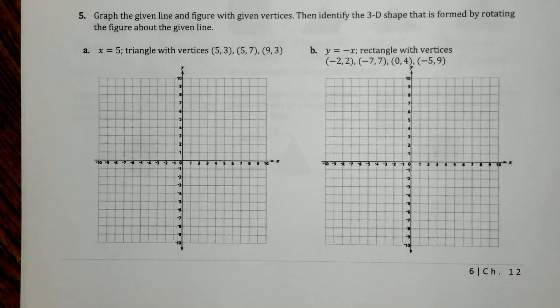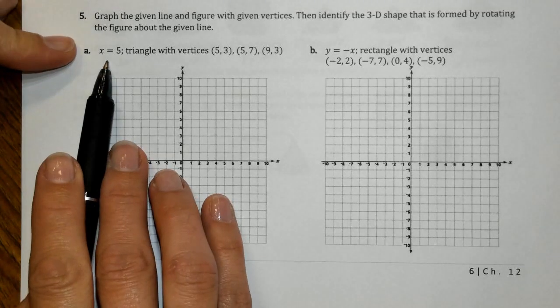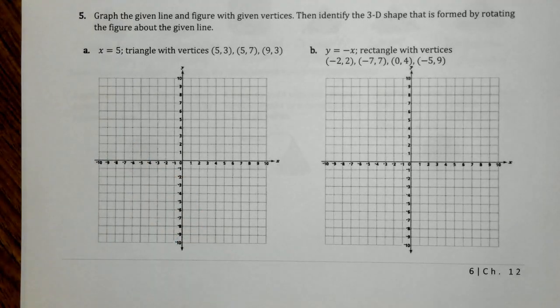We're going to put these vertices, these points, on the graph, and as the vertices, we're going to connect them, and then we're going to draw in the line of x equals 5, because that's the line it's going to rotate around. So go ahead and pause the video and put these points on the graph.